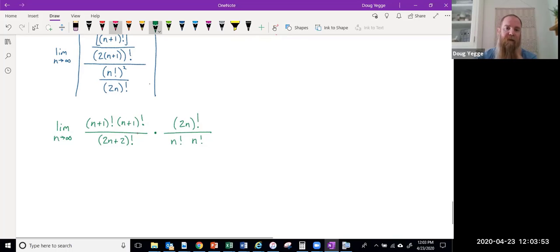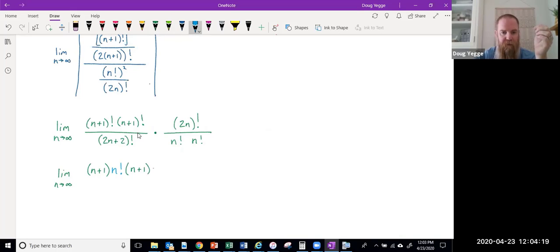So when we rewrite this, we could write this as the limit as n approaches infinity of n plus 1 times n factorial, since that's what n plus 1 factorial means, times another n plus 1 times n factorial, and that takes care of the n plus 1 factorial squared.